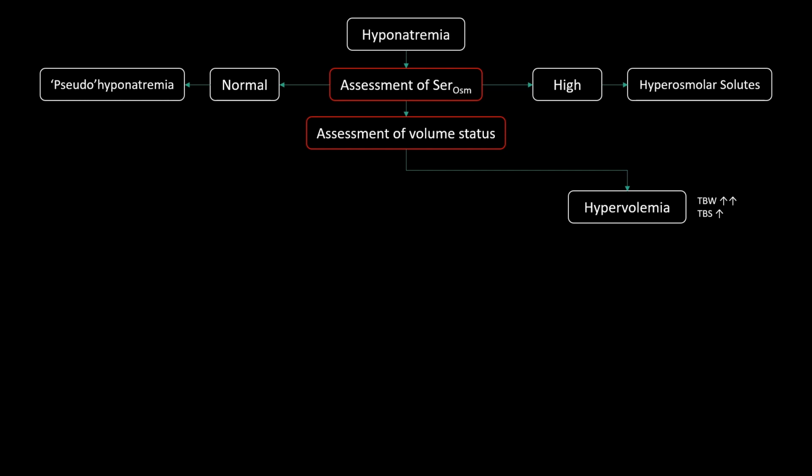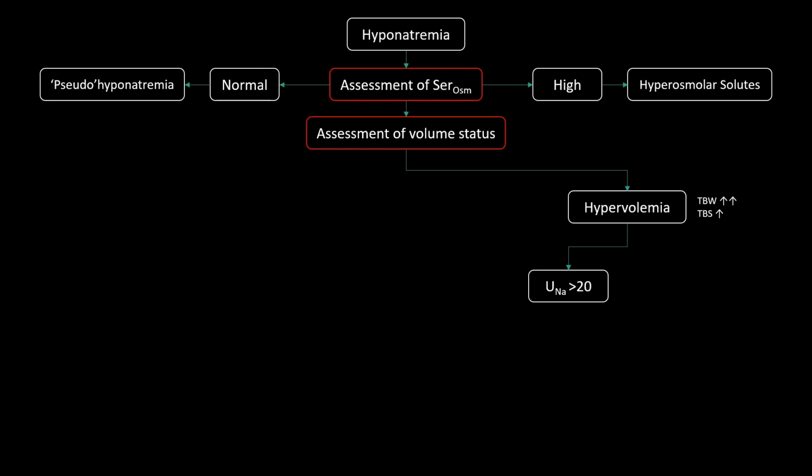We learnt about all those conditions, and we learnt that in all of those conditions the urinary sodium will be less than 10, except one exception, that is renal failure. So we will differentiate all those causes by measuring the urinary sodium.